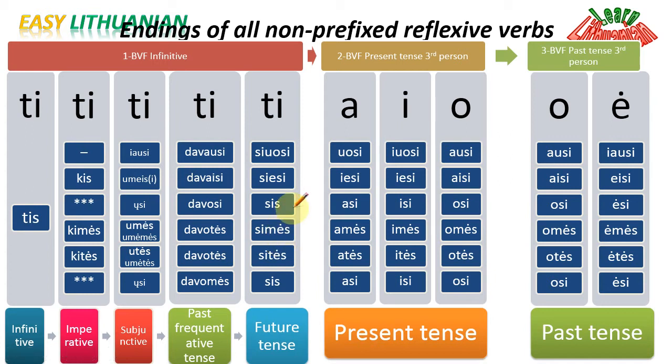That's the crucial thing. If a verb has any prefix, the si should be between the prefix and the root, no matter what. But if the verb is non-prefixed, it doesn't have any prefix.